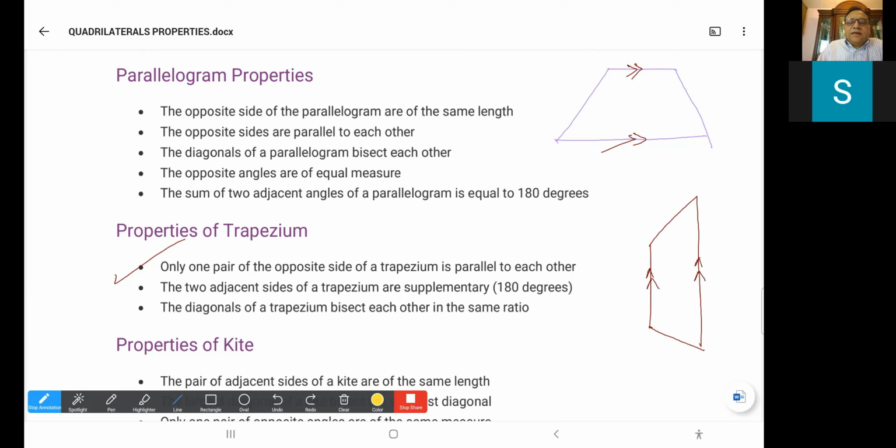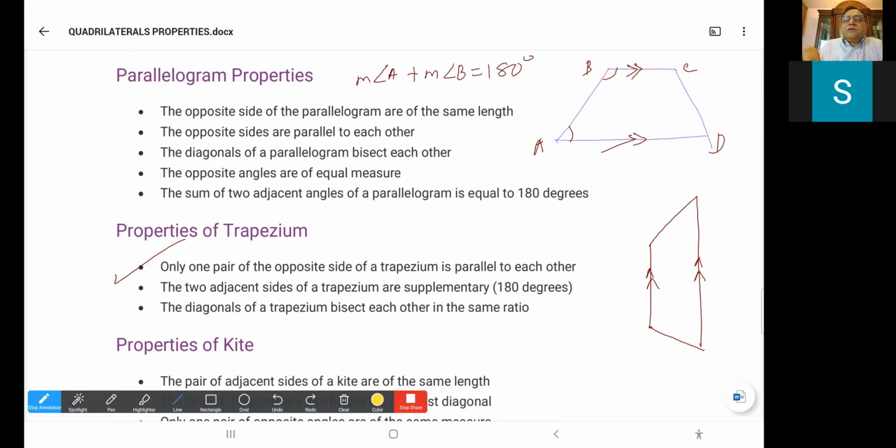The two adjacent angles of a trapezium are supplementary, meaning they add to 180, right? So if I have this angle and this angle, then they add to 180. Let me call this ABCD. Then the measure of angle A plus the measure of angle B is 180 degrees, correct? Because we have parallel sides in this.